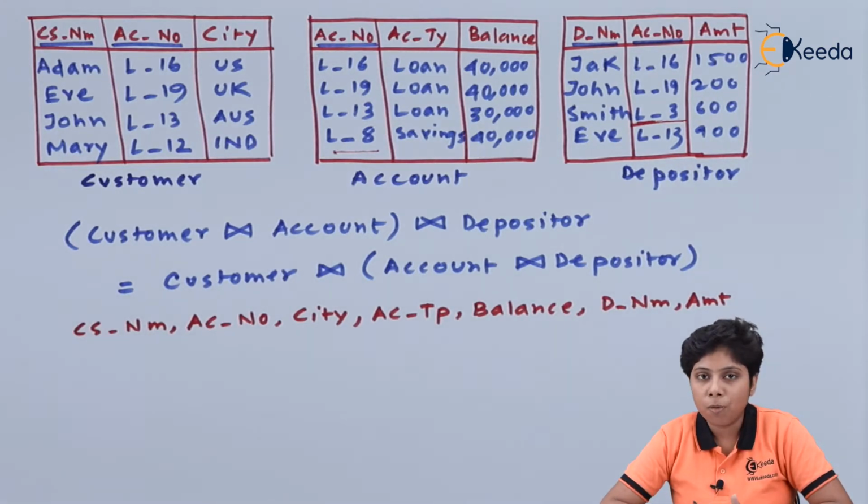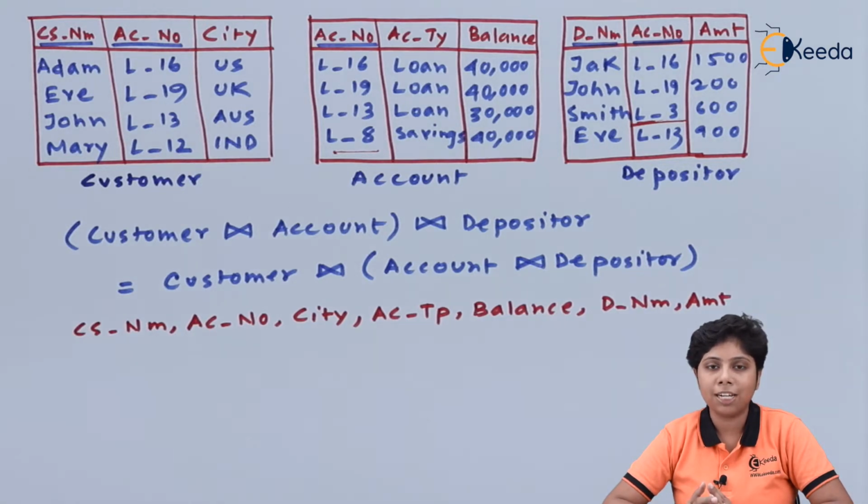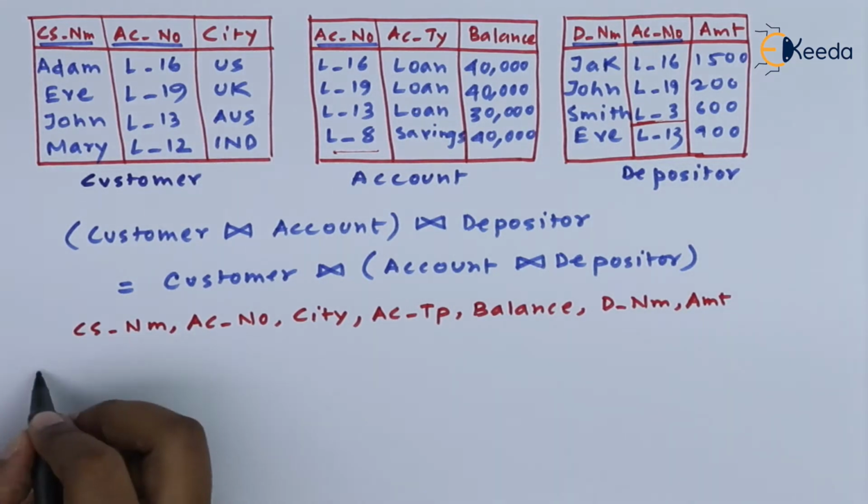Now if we perform a projection operation with a select operation on this natural join, using a predicate that the balance is greater than 40,000, and which have a loan account, and they are living in the city of US. So to define this query, we have to use a projection operation and a selection operation with the natural join operation. So let us see how to write that.